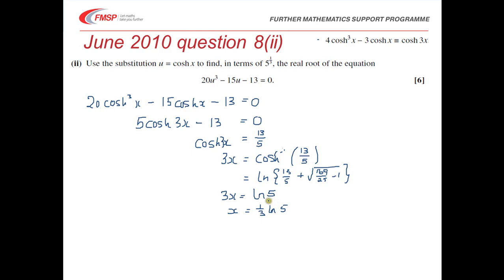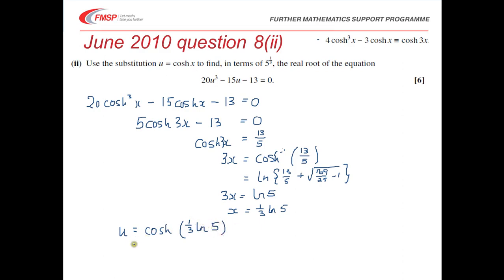So we've now got a value for x, which means now, going back to our substitution, because we know that u equals cosh x, that tells us that u is equal to cosh of a third log 5.